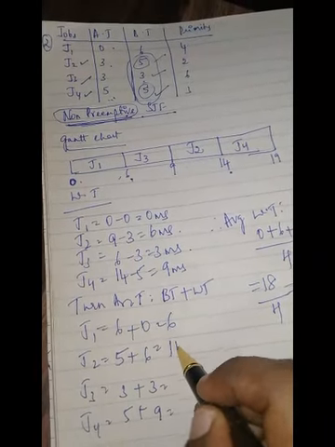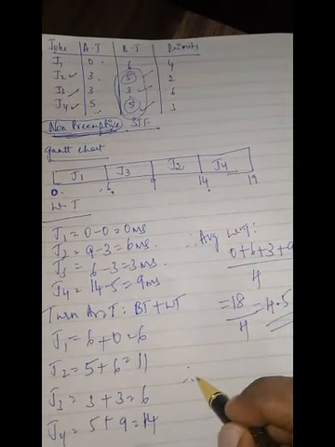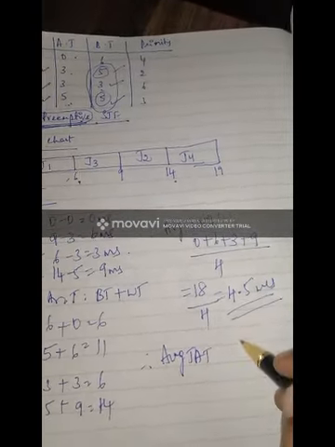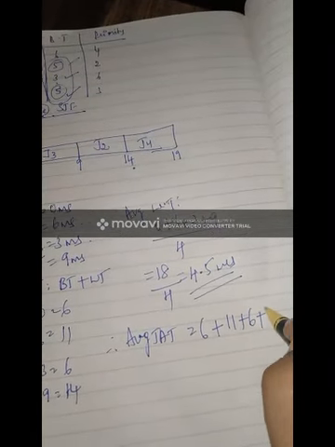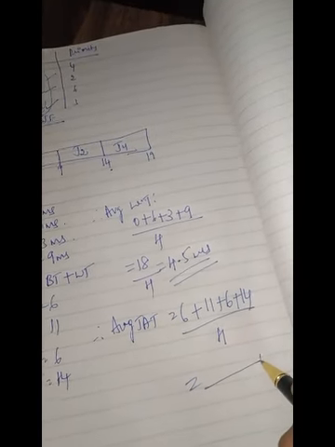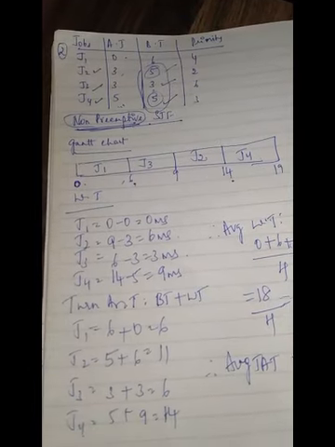So the turnaround times are 6, 11, 6, 14. Therefore, average turnaround time is equal to 6 plus 11 plus 6 plus 14 divided by 4, that many milliseconds. Okay. So this is for your non-preemptive SJF.